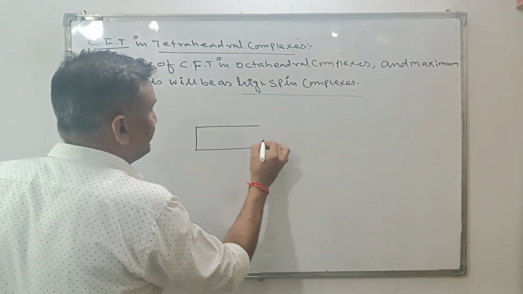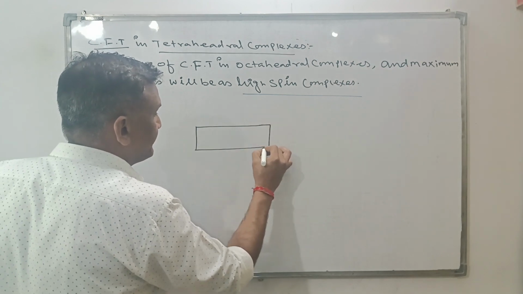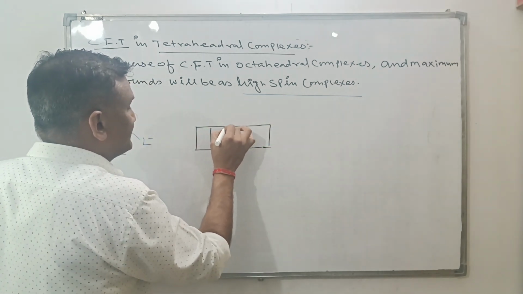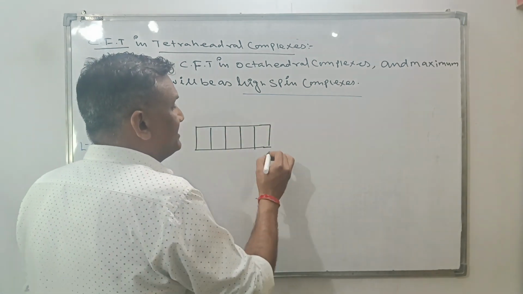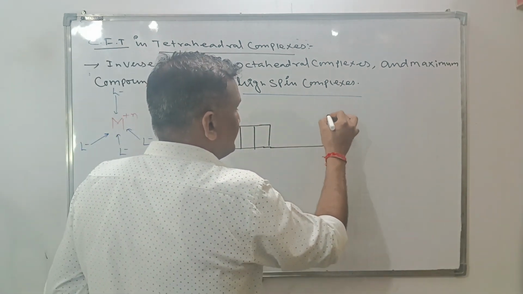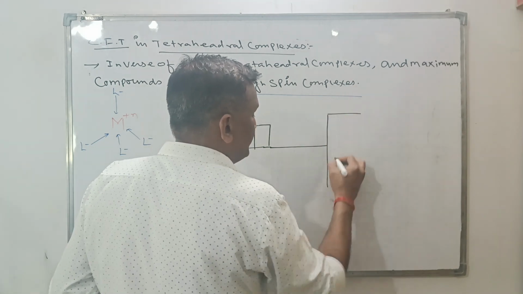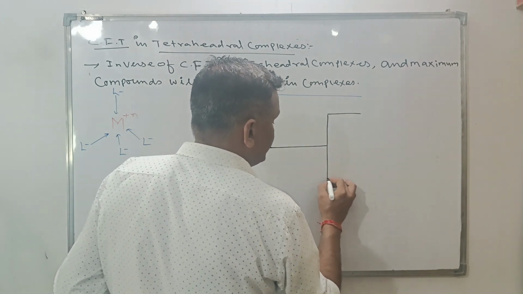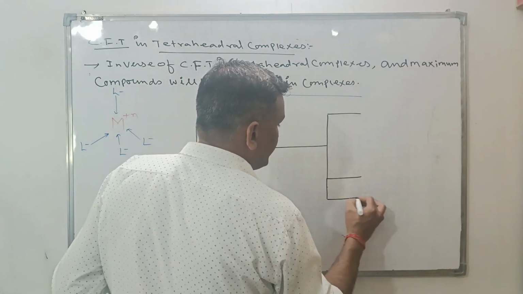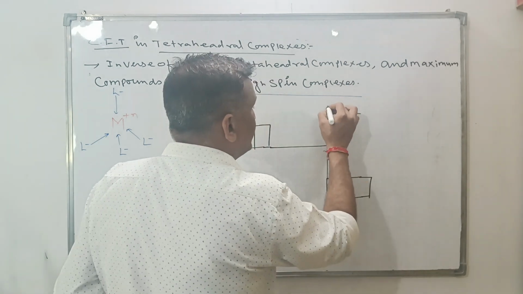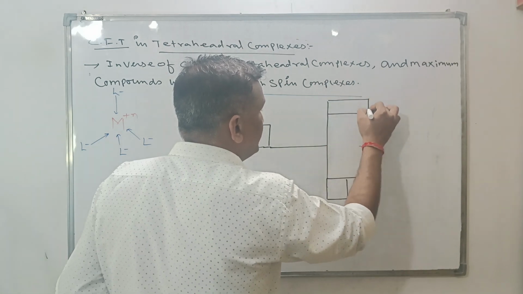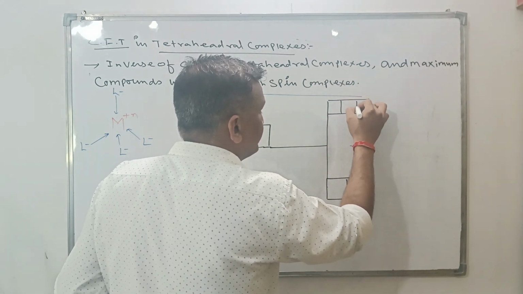These are the 5 degenerate orbitals, as you can say dxy, dyz, dxz, dx square minus y square and dz square. Here is the splitting of the orbitals like this. 2 orbitals will be low energy and 3 will be high energy.